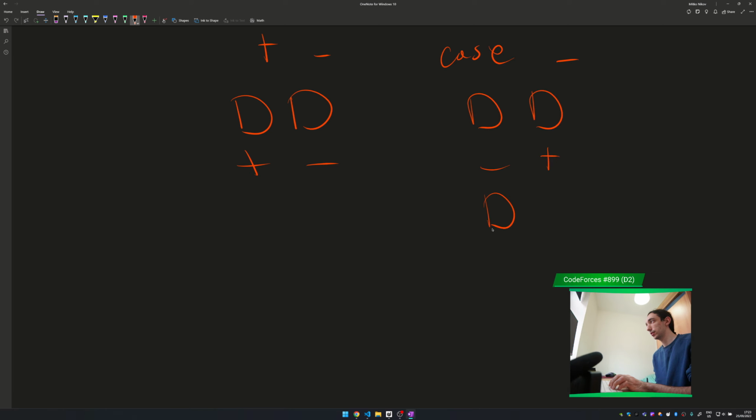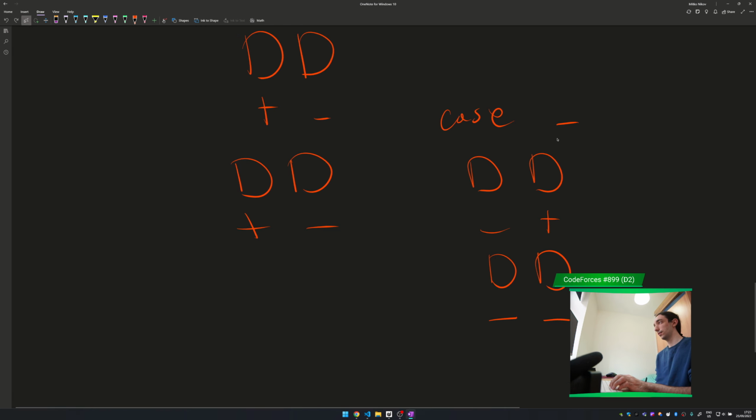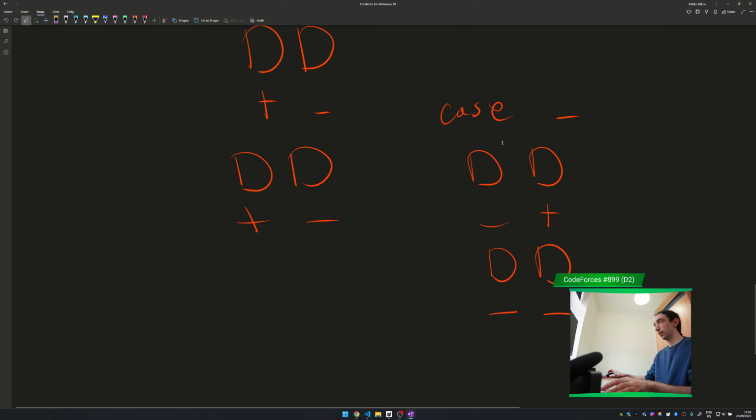Here is plus, or I'm remaining and here's remaining, because I can buy all of these, then this, or I can buy this and then all of these are shifted here. So this is the case, but in both cases I don't get anything here.